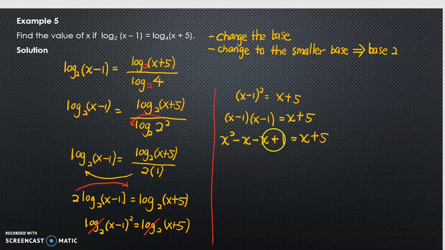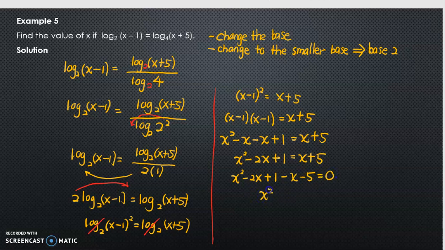So since this is quadratic, I have to, one side must be 0. So x squared minus 2x plus 1 minus x minus 5 will be equals to 0.